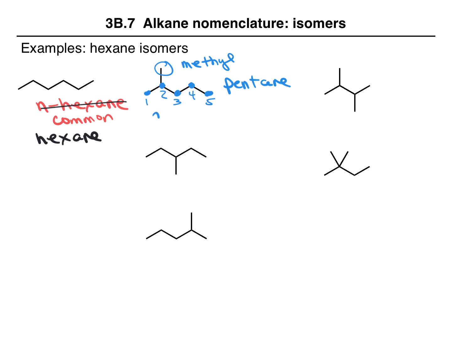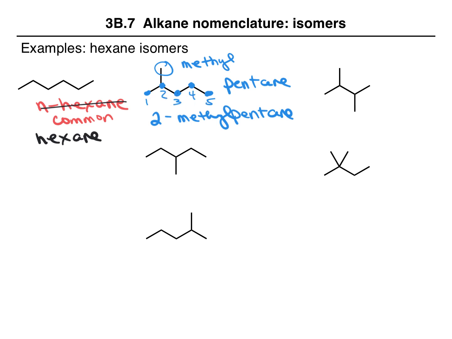So at carbon 2, we have a methyl group on our pentane molecule. So this compound is called 2-methylpentane. So we put a hyphen in between our number and the words, but this is a single word where we list the substituent as a prefix. Here's the parent, and then here's the suffix.